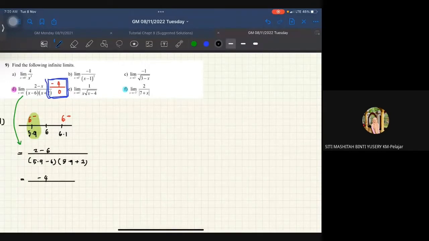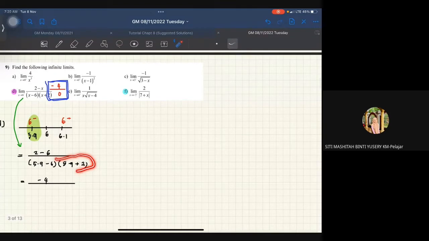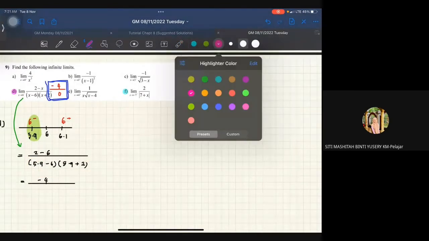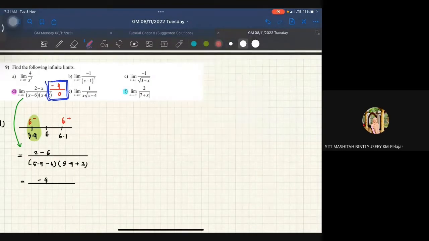Okay, so for the lower part, this one kalau awak tekan calculator, what is the value that you will get? Apa nilai awak dapat untuk yang ni? Anyone nak bagi saya jawapan?